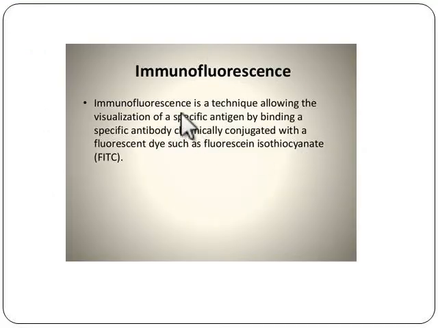What is the immunofluorescence technique? It is a technique for the visualization of a specific antigen by binding with a specific antibody that is conjugated with a fluorescent dye. Here fluorescein and rhodamine are mainly used as the dyes conjugated to the antibody.